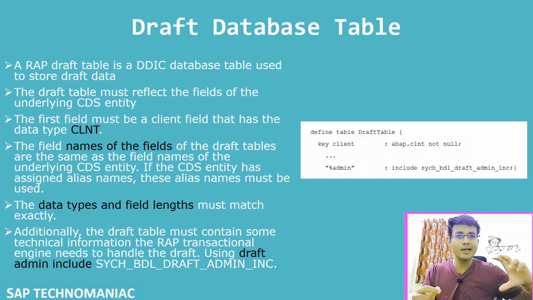This include contains some fields like who changed this particular draft table, who created this draft entry, when it got created, when it got changed, what kind of activity we have done. This kind of information will be stored using the fields available in this include.